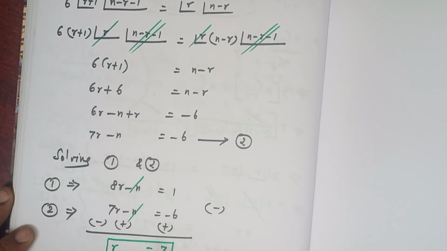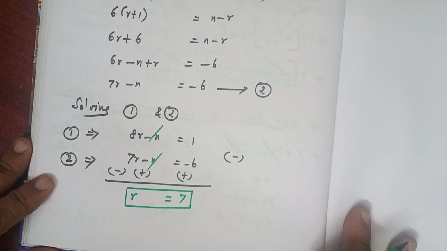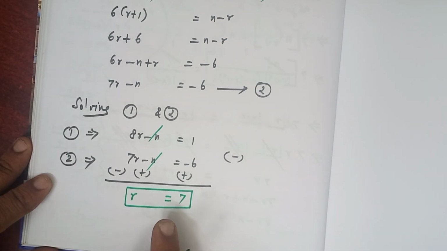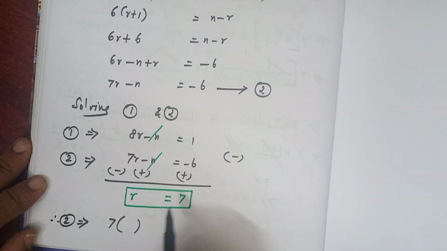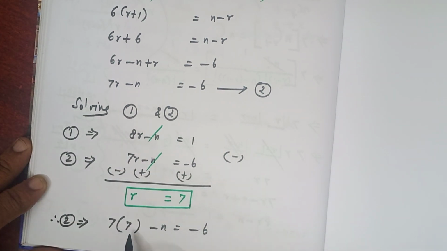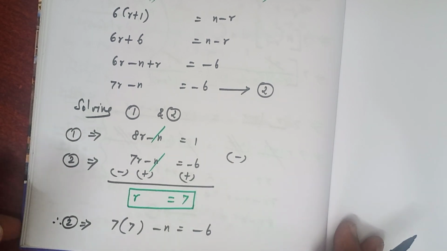But you are asked to find out the value of n. Now substitute the value of r in equation number 1 or 2. I consider equation number 2. Therefore equation number 2 implies 7r, 7 into r value is 7, minus n, that is equal to minus 6. 7 7s are 49, minus n, that is equal to minus 6.